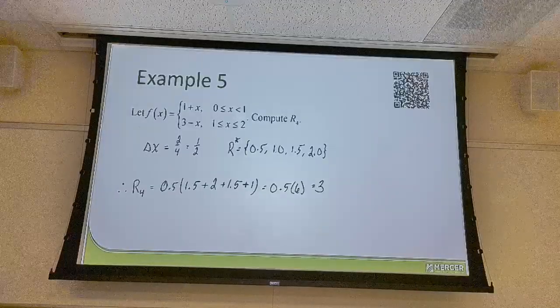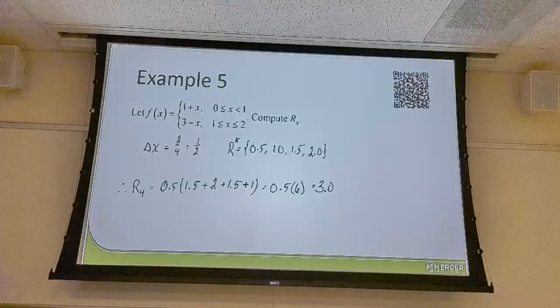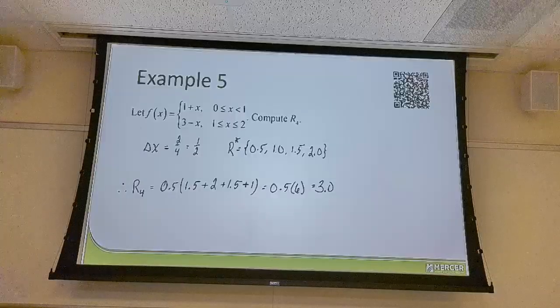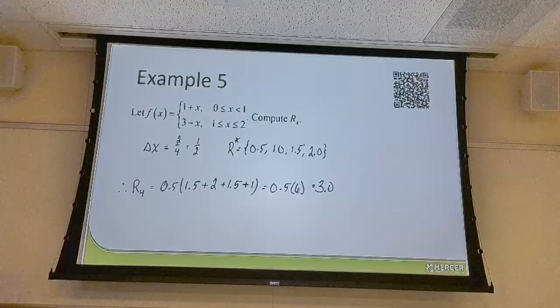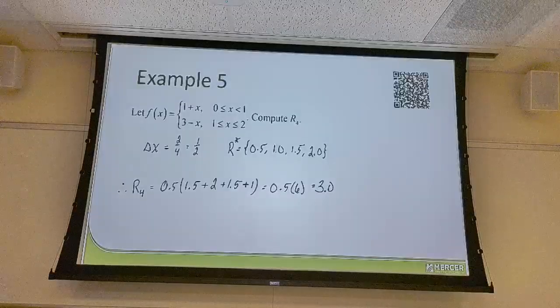R4 is 3. And again, I should be putting a 0.0. Right, so this 2 should have a 0.0, that 1 should have a 0.0, and that 6 should have a 0.0, whatever.